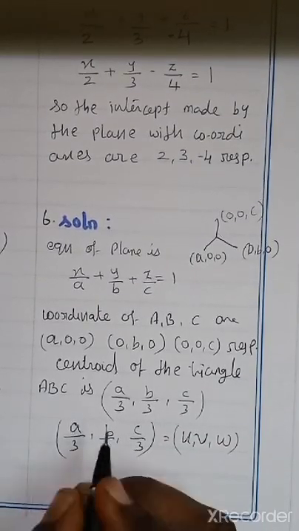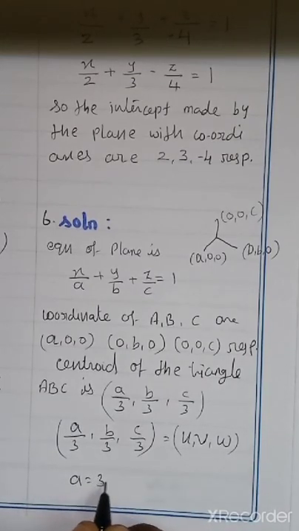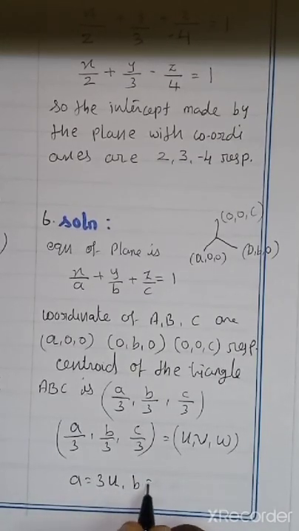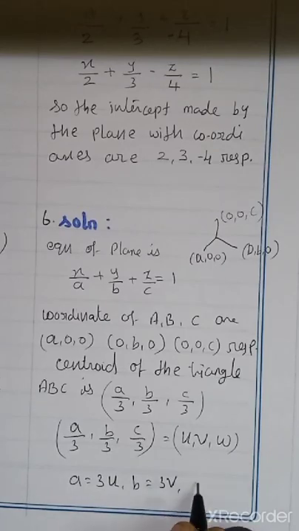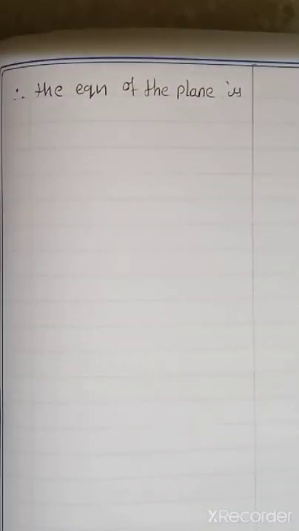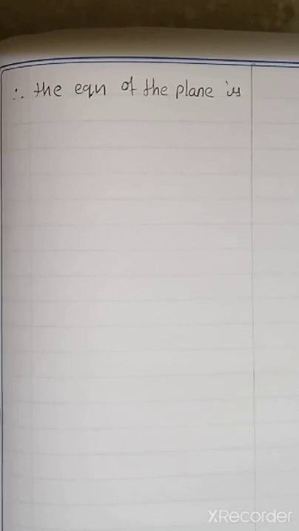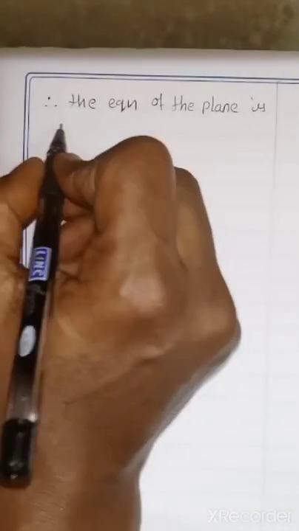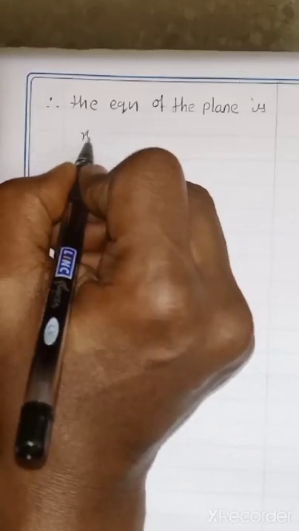Correct? So what is your A value? 3u. What is your B value? 3v. What is your C value? 3w. Therefore, the equation of the plane is of the form x by a plus y by b plus z by c equal to 1, right? So we know your a, b, c values, that you can substitute.